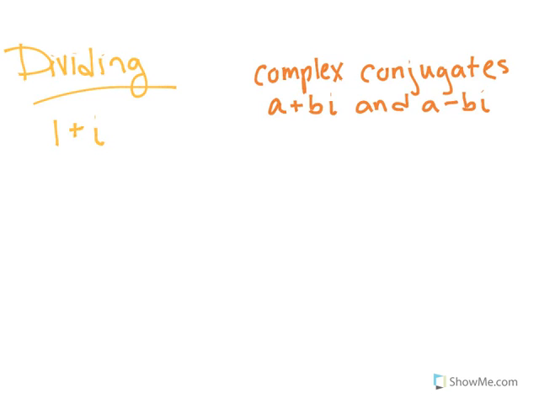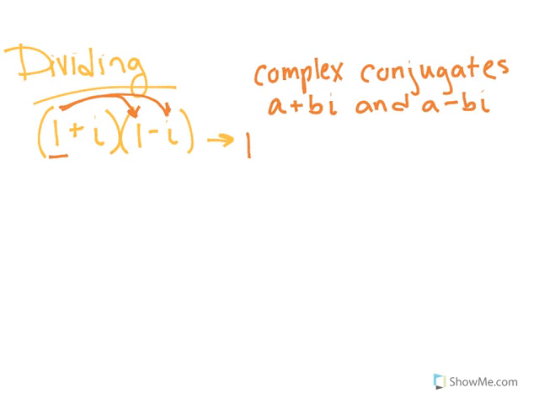So if I have 1 plus i here, its complex conjugate would be 1 minus i. And I'm going to show you what happens when we multiply these two together because this is really important. So if I go through my distribution process, I'm going to do 1, and I'm going to multiply that by 1, and then by negative i.